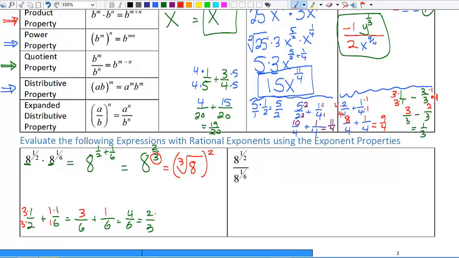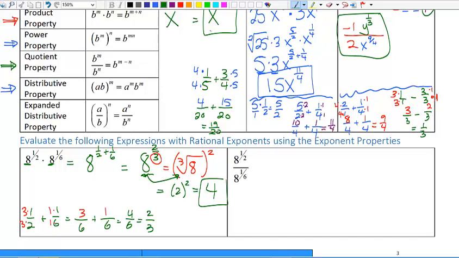I prefer to take the cube root first just to make things smaller before I make them bigger, and that helps me deal with smaller numbers instead of large ones. The cube root of 8 is 2, and 2 squared is 4. So the reason I could keep going on this problem is because 8 was a number base and not a variable base.